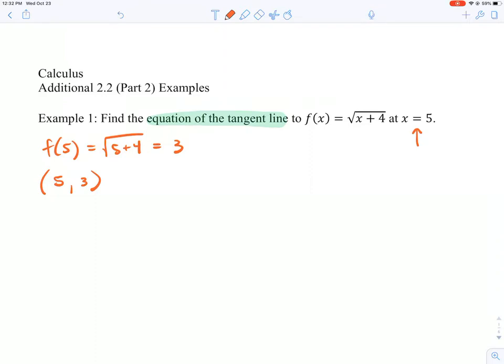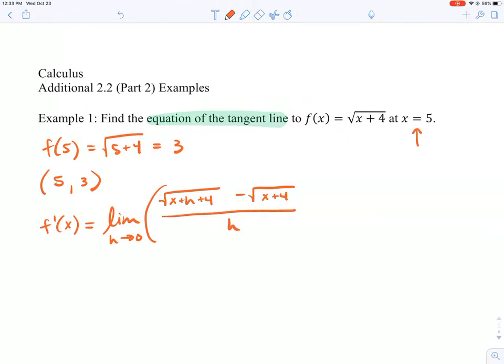So first let's find the derivative of f of x, which will be f prime equals the limit as h approaches 0 of the difference quotient, which in this case would be the square root of x plus h plus 4 minus the square root of x plus 4, all over h. We know we're going to need to try and get that h in the denominator to cancel, and we'll use our RATCON strategy.